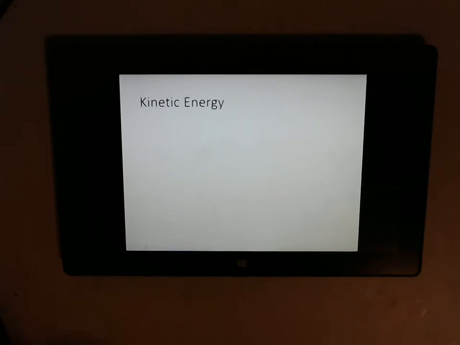Okay, so kinetic energy obviously depends on how fast something is going. Slightly less obvious though is that it also depends on its mass, and that's why reading over that explanation for how to derive it is useful.